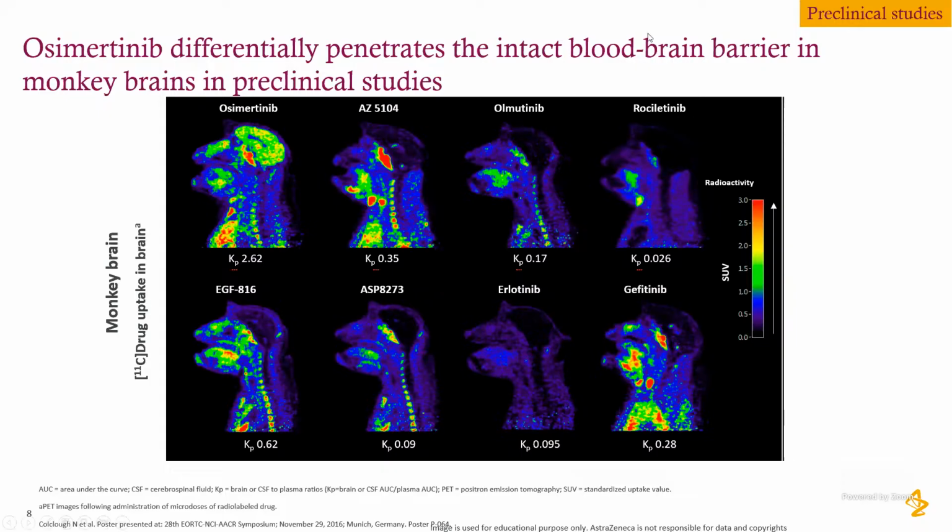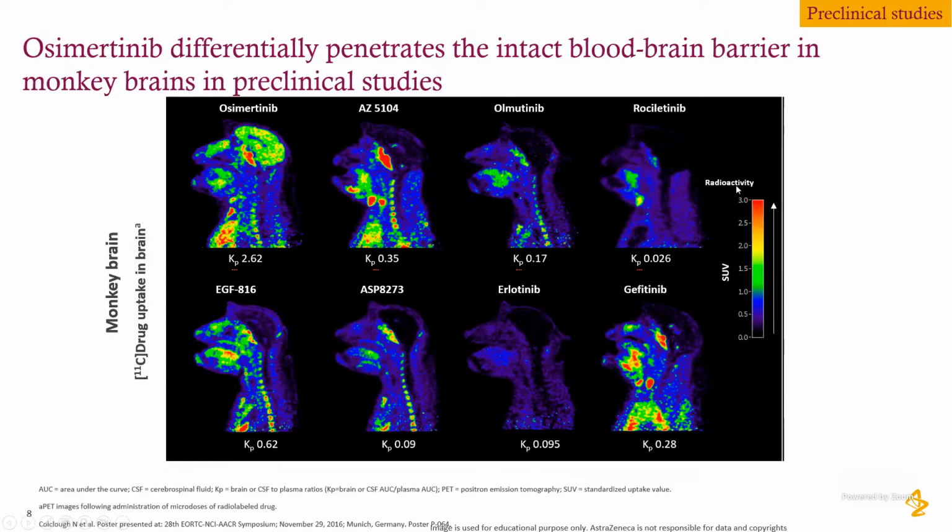If you see the clinical studies, osimertinib, the third generation TKI, irreversibly inhibits the EGFR. In this study, for all other molecules like erlotinib and gefitinib, which are first generation TKI, no brain radioactivity is shown in this graph.